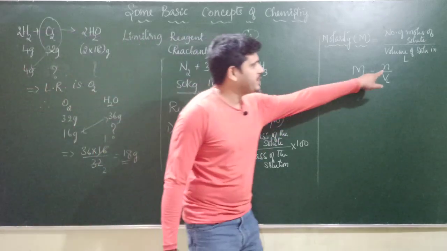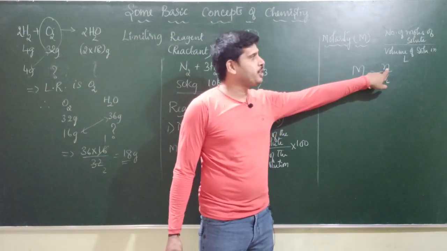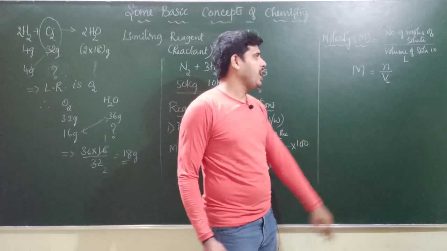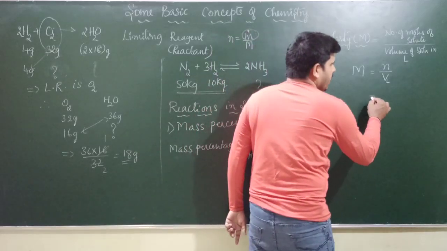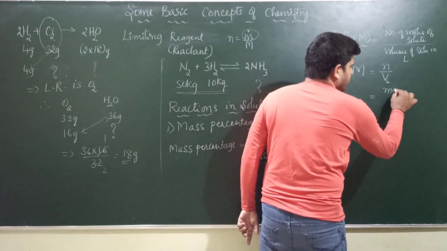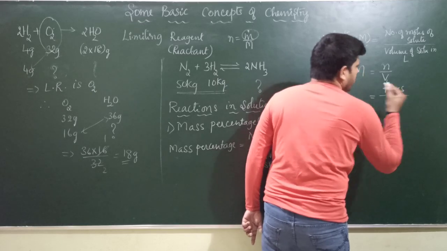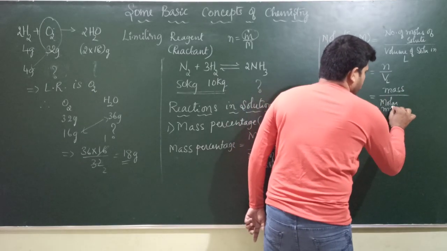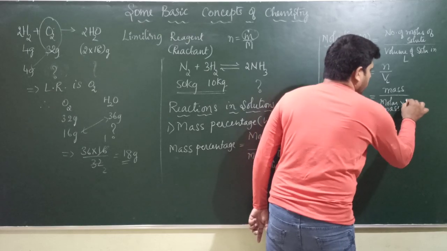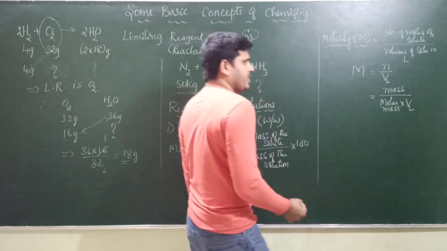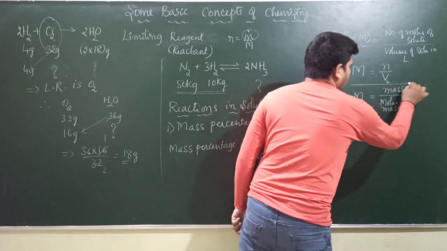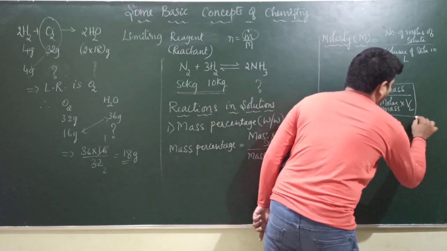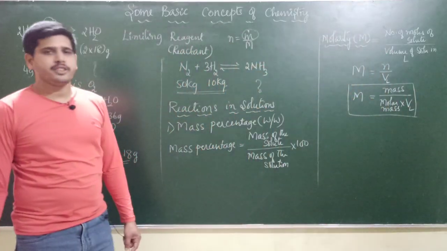Number of moles equals mass by molar mass. So let us substitute n with mass in grams divided by molar mass, into volume of solution in liters. So this is your expanded formula to calculate the molarity.